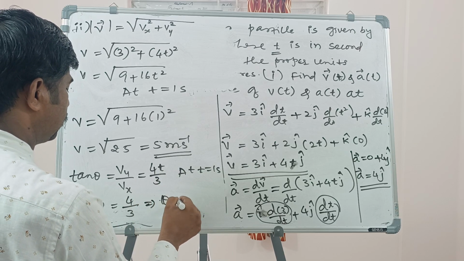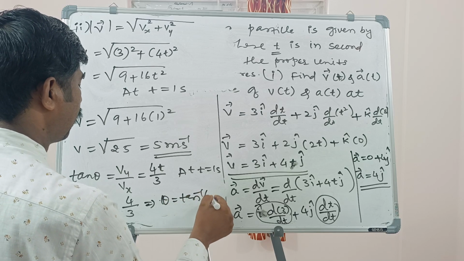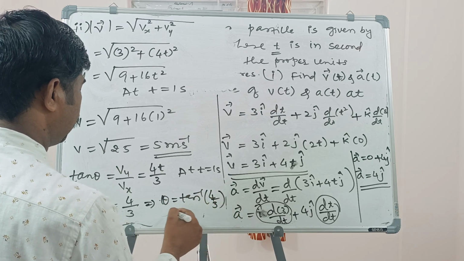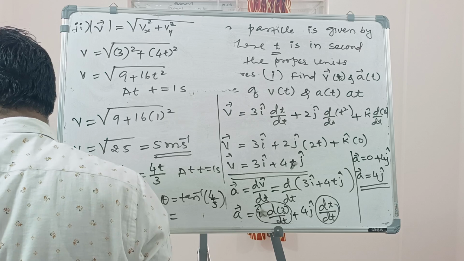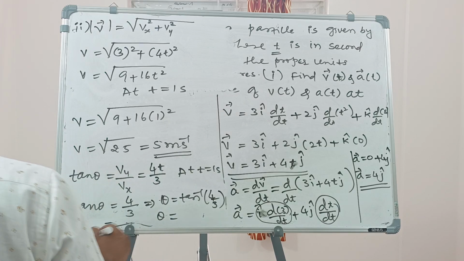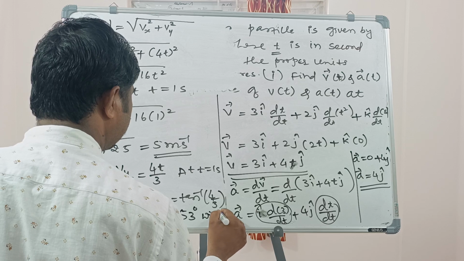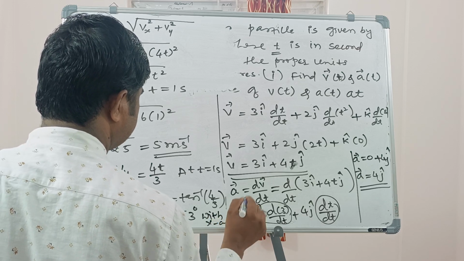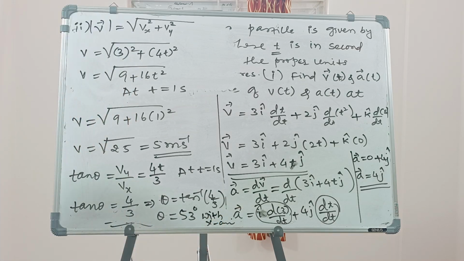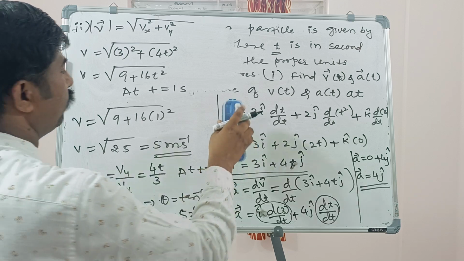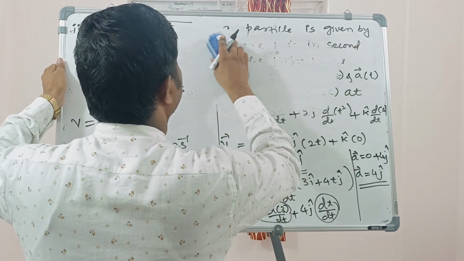That is theta is equal to tan inverse of 4 by 3. Tan inverse of 4 by 3 is nearly 53 degrees with the x-axis. Clear? Okay. Then I am moving towards acceleration.